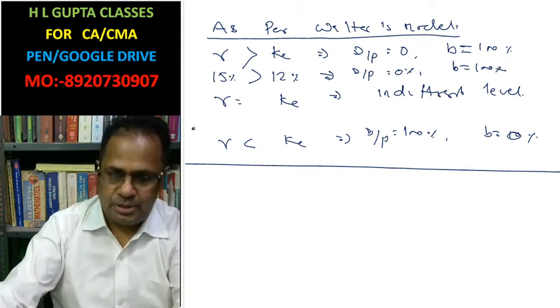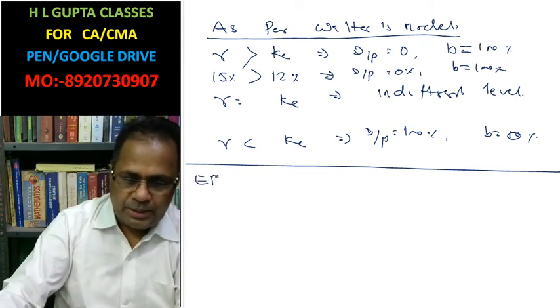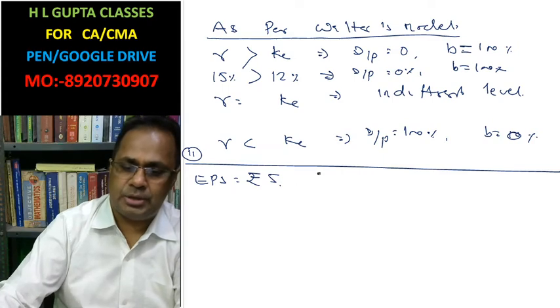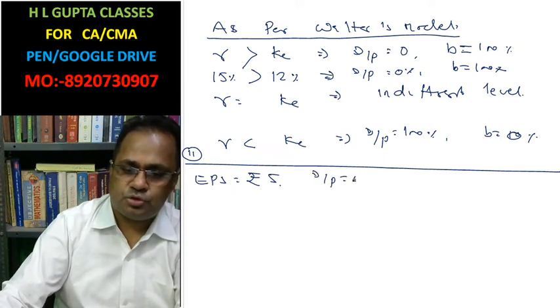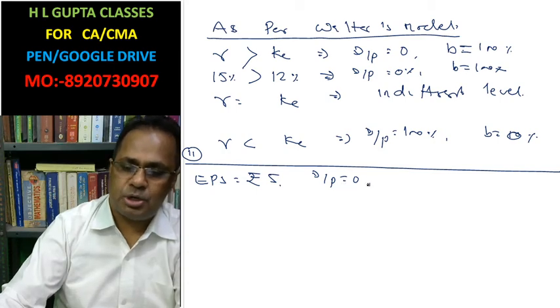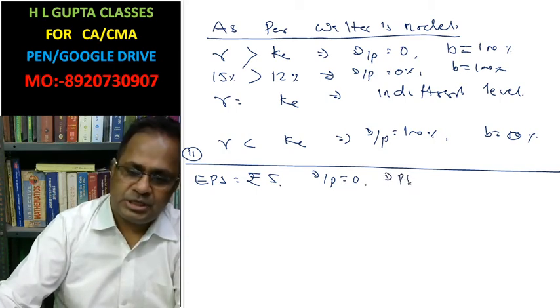Okay, here in the second part I am going to solve EPS. EPS rupees 5 we have already calculated. Dividend payout ratio should be 0 as per the optimal dividend payout ratio using Walters model, so dividend per share equals 0.